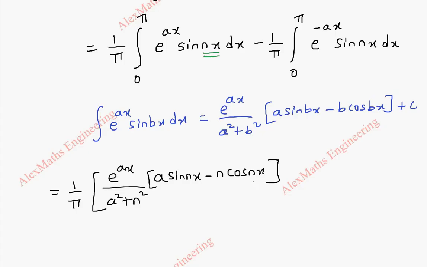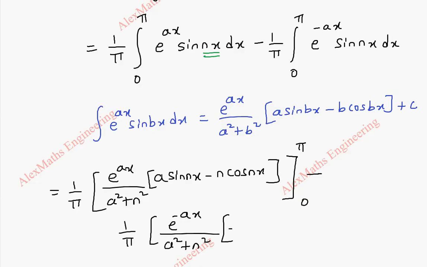So this is 0 to pi. Then again minus, we have 1 by pi, e power minus ax by (a square plus n square), and this will become (minus a sin nx minus n cos nx), with limits 0 to pi.